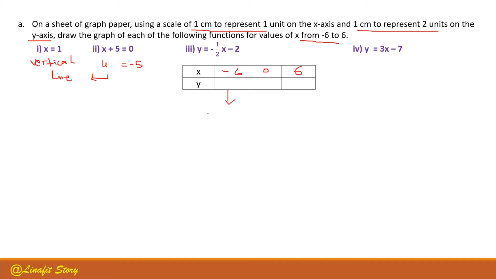Then, to get y is equal to -1/2 x minus 2. -1/2 times -6 is equal to 3. 3 minus 2 is equal to 1.